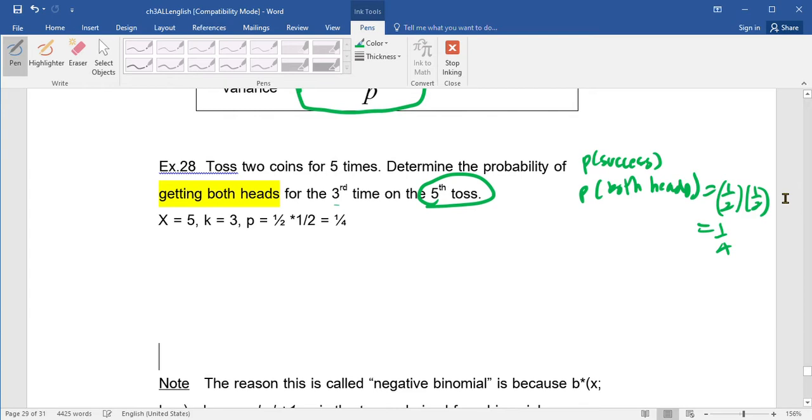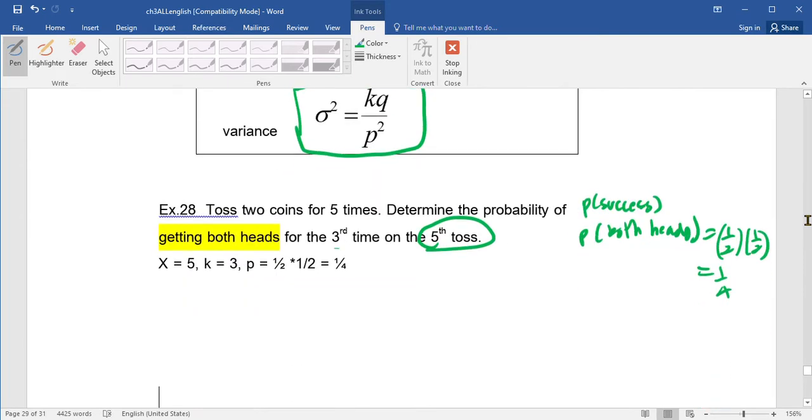And the formula is x minus 1, choose k minus 1, p to the k power and q to the x minus k.